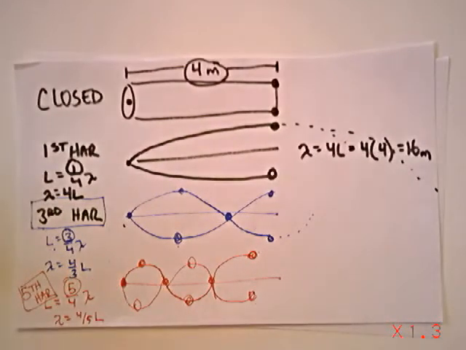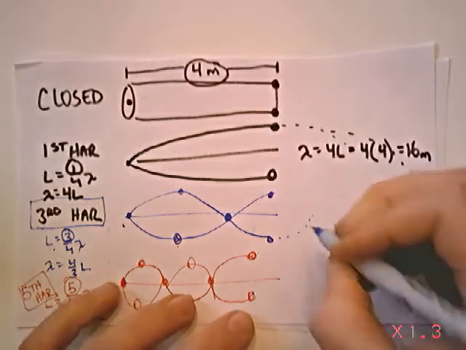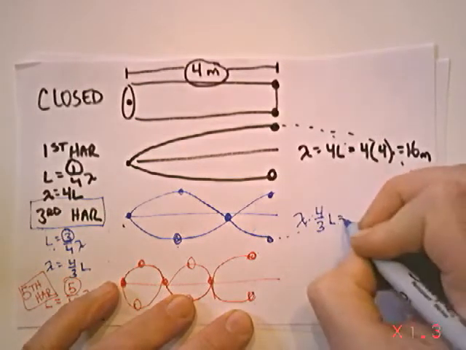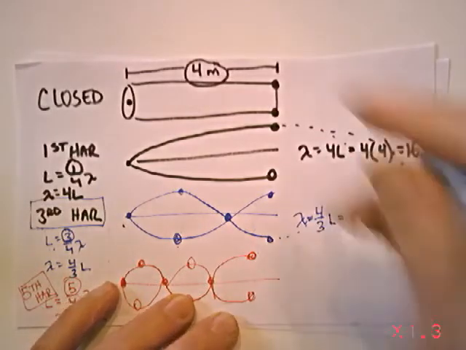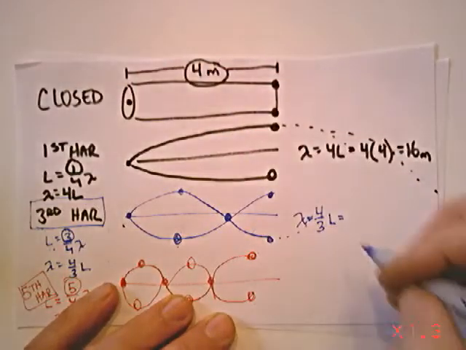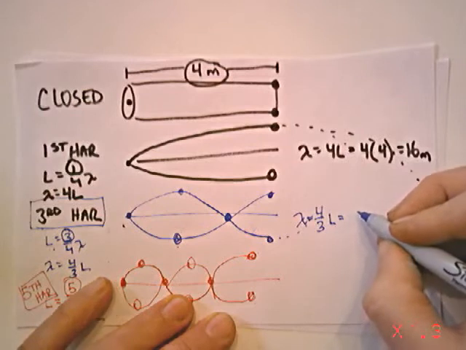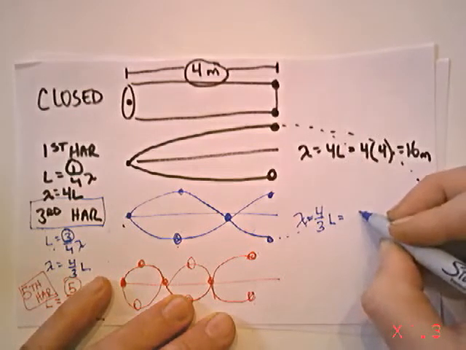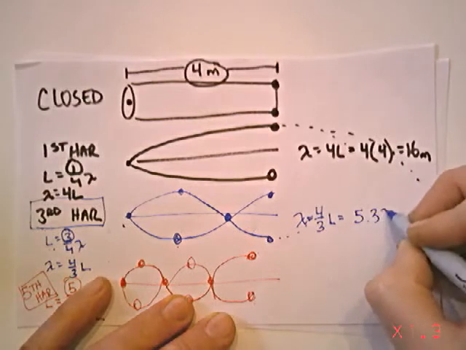Then if we want to find the wavelength for the next one, wavelength equals 4/3 L. So we put in the length of the pipe, 4, and we get 16/3, which is 5 1/3, or 5.33 meters.